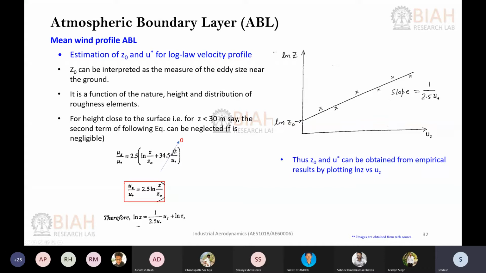From the measured or available wind data points, for example, uz available at a particular height, you can estimate what your u star and z naught will be using this graphical technique. And once these values are known, you can find the values at other locations, or complete the velocity profile, in other words.